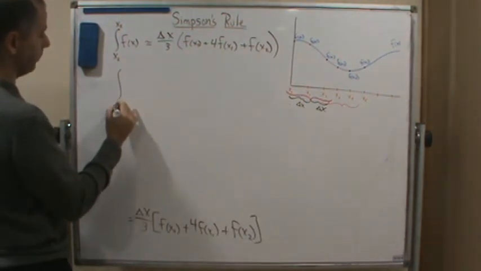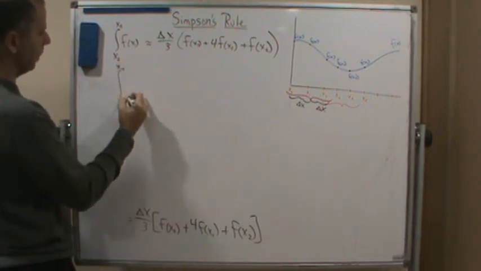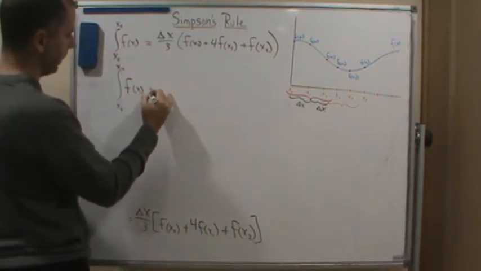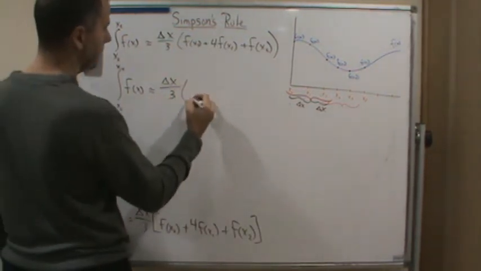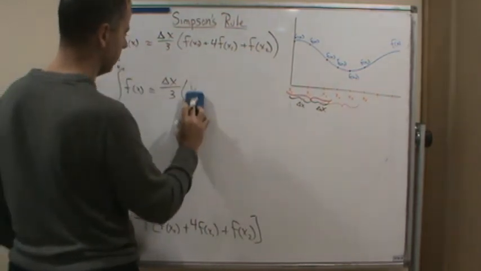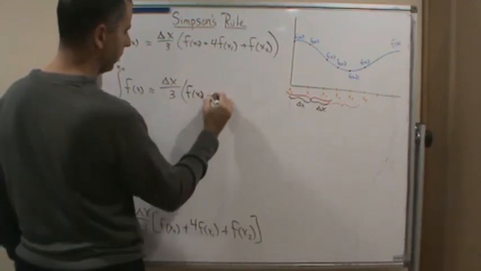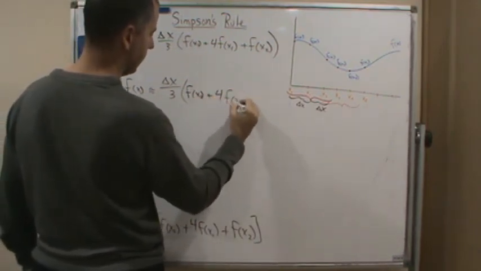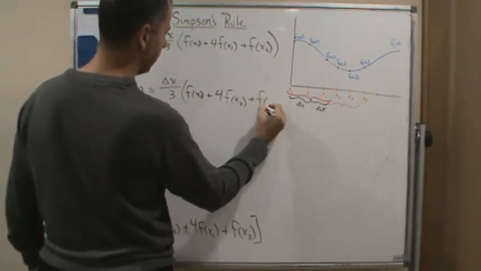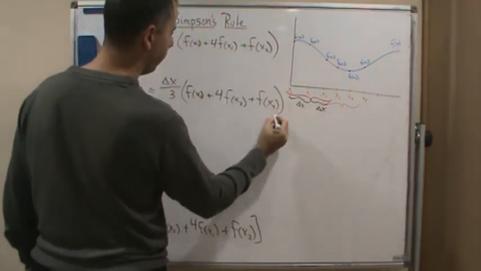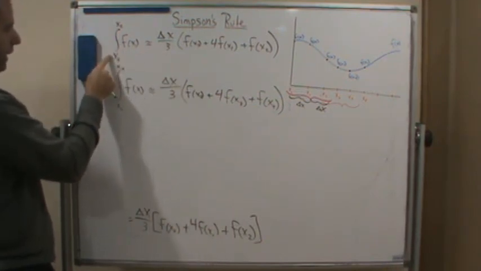And then the integral from x2 to x4 of f of x is approximately delta x over 3 times f of x2 plus 4 times f of x3 plus f of x4, right?